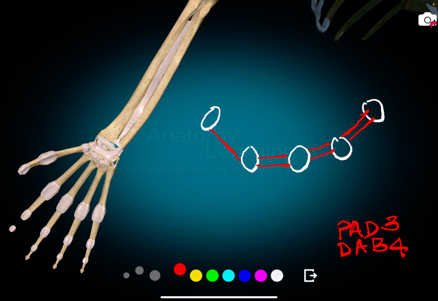Palmar interossei are adductors, because the adductor of the thumb is separate. So here it is, the adductor pollicis. Now, after placing the PAD, DAB and adductor pollicis, we'll place the thenar and hypothenar muscles.